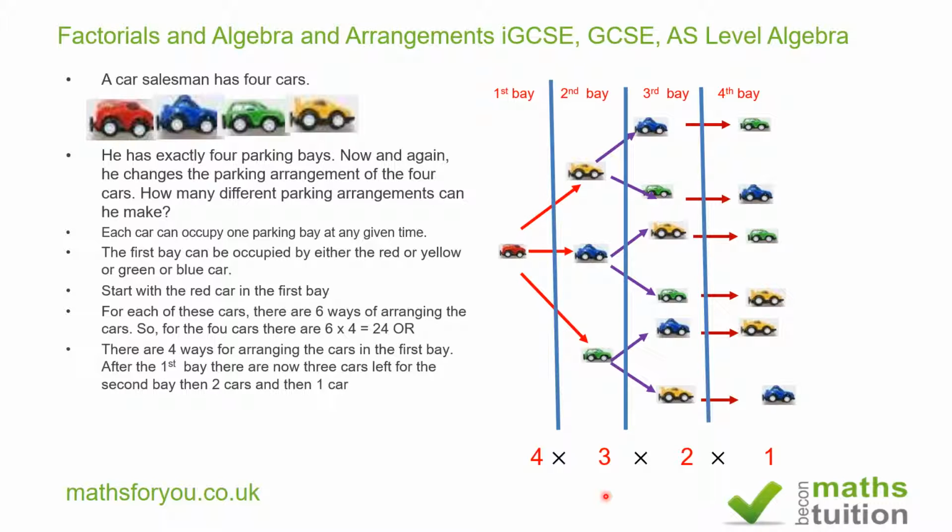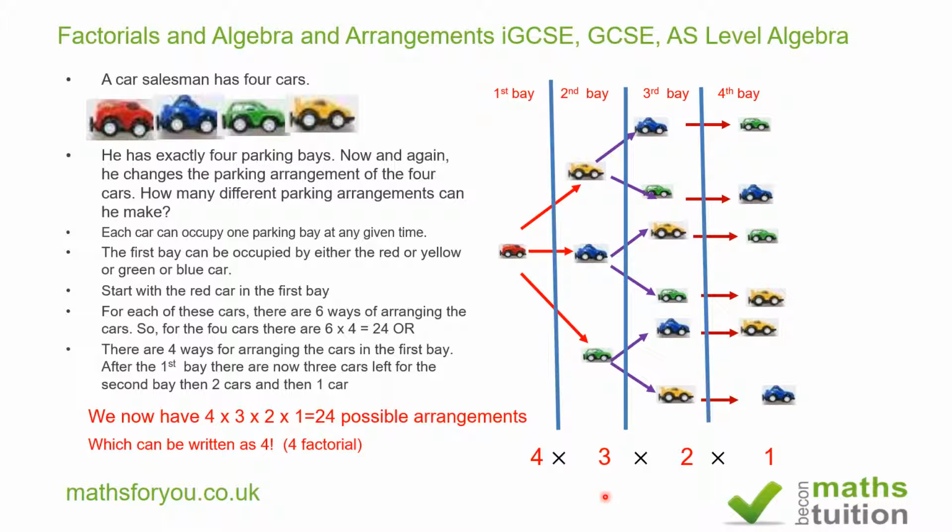And for the fourth bay, there's one way only. So now we've got 4 times 3 times 2 times 1, and that's equal to 24. Well, you can write this as 4 factorial, which is a 4 with an exclamation mark. That's 4 factorial there. 4 times 3 times 2 times 1, which is 24.